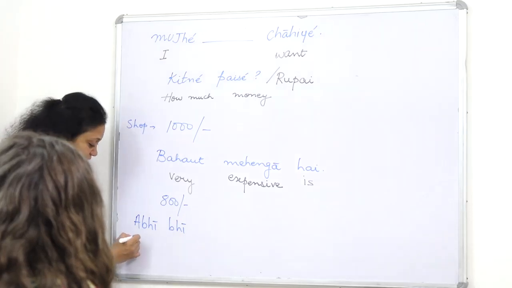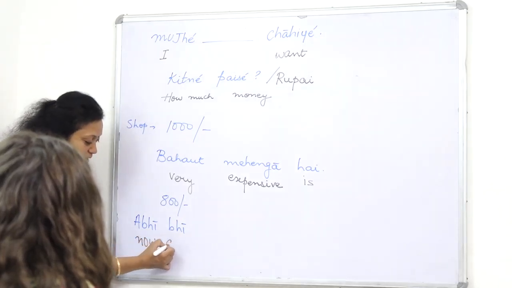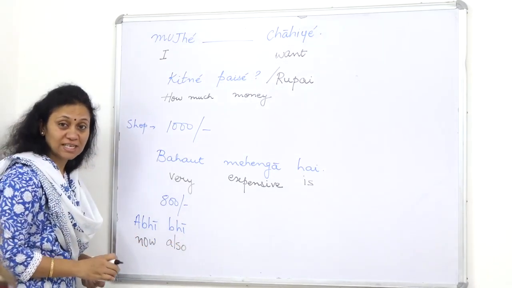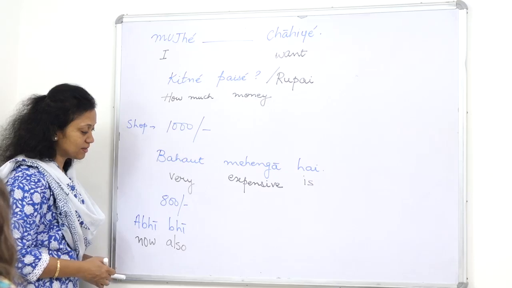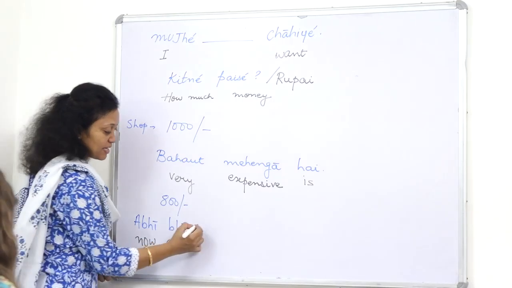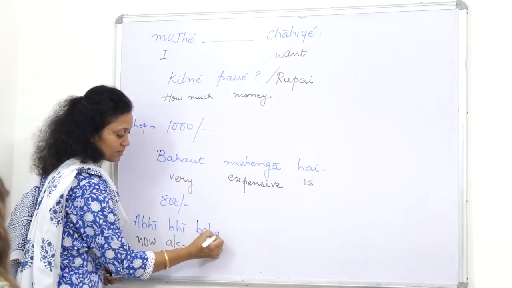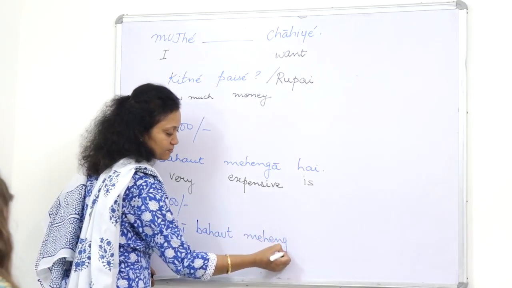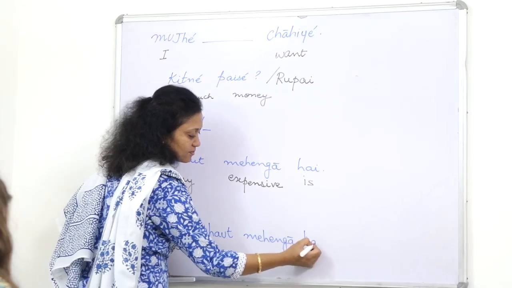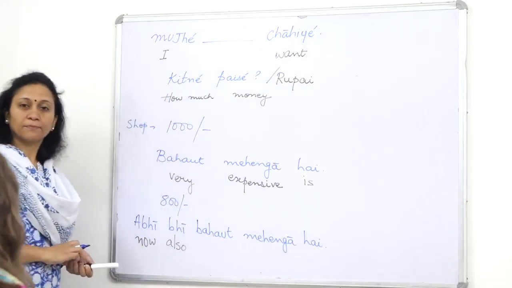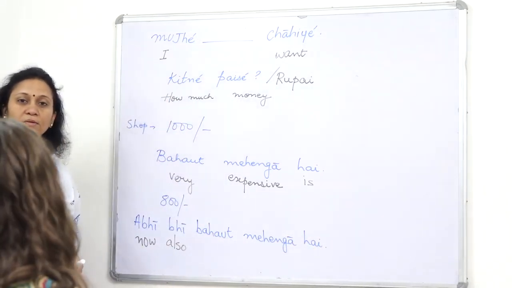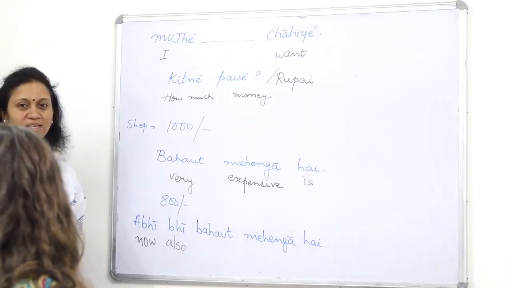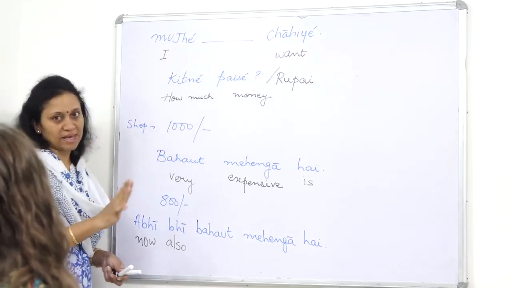Abhi means now, and bhi is also, as in even now, still. So you would say abhi bhi बहुत महंगा है. You will have to at least say abhi bhi महंगा है.